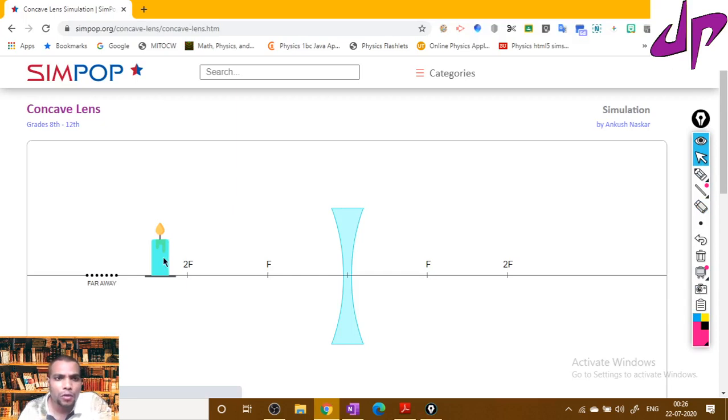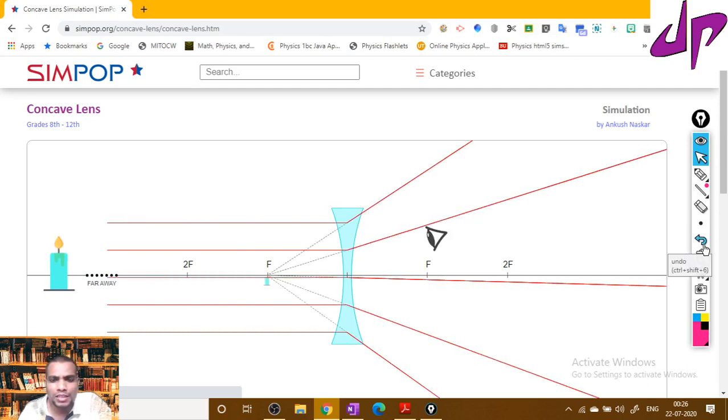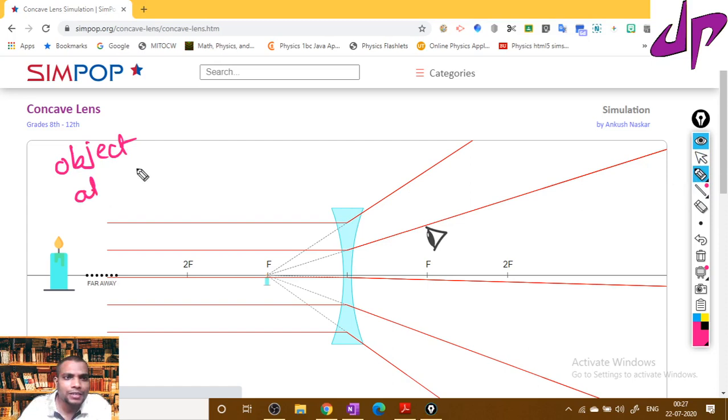If you keep the object here, far away, that is my first position, object at infinity for a concave lens. So this is set up for the concave lens.